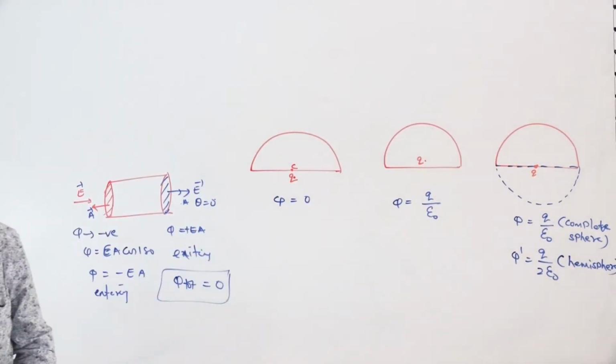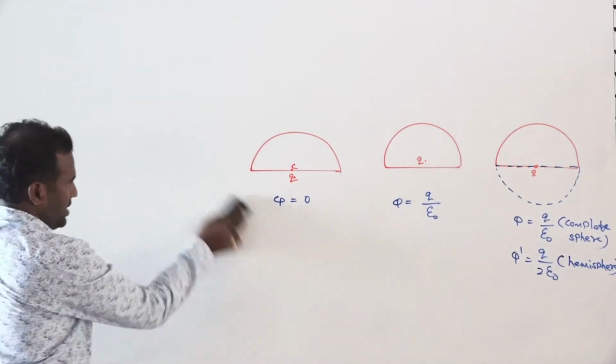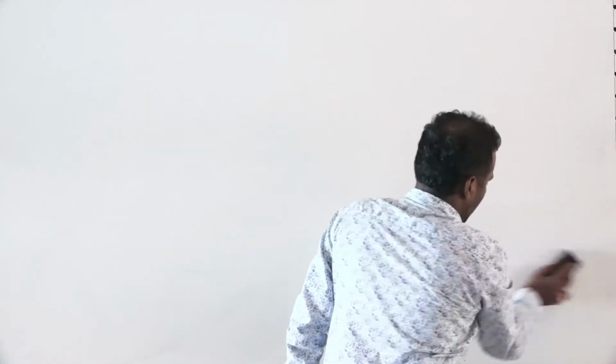So now we will enter into Gauss law. What is the analysis of Gauss law? Gauss law is a mathematical analysis, or a mathematical treatment, to find the electric flux from a closed surface.